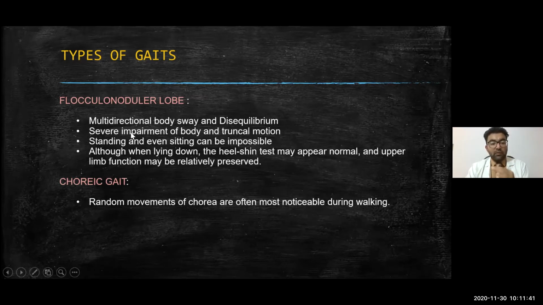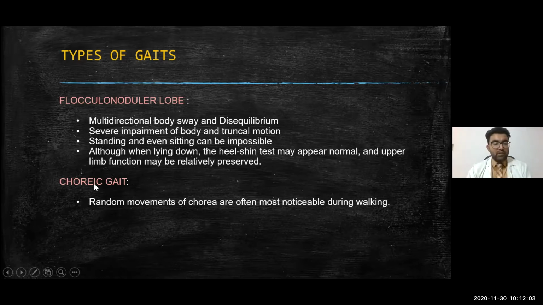The impairment will be so severe that the patient cannot even stand or sit properly. It will be very difficult for them. Although when we ask the patient to lie down, the heel-shin test may appear normal and the upper limb function may be relatively preserved.